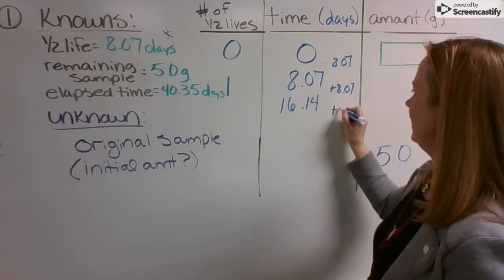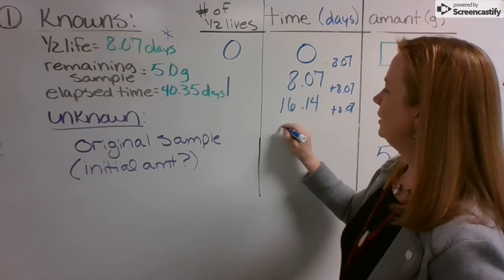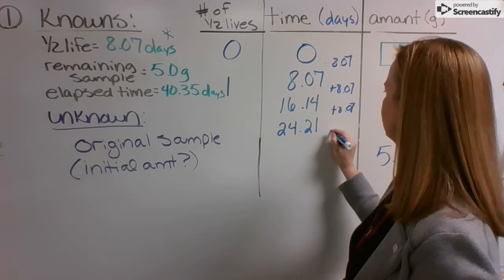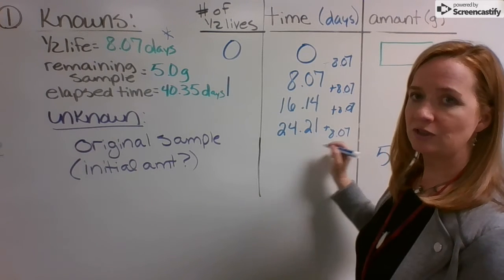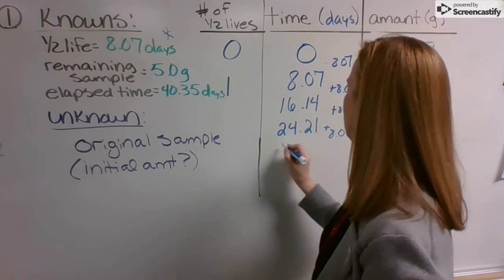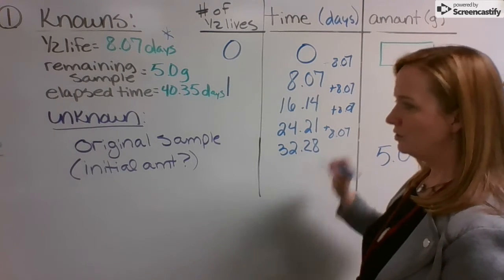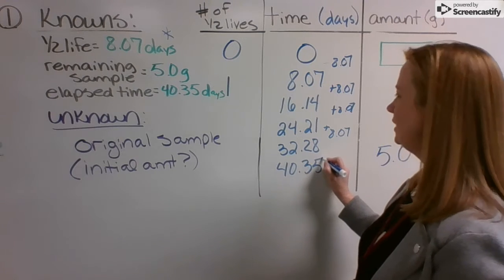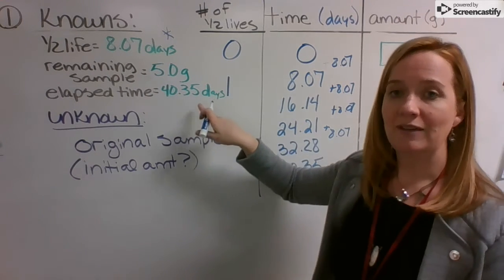So I'm going to add 8.07 again to 16.14, and I'm going to end up with 24.21. Add 8.07 to 24.21, and we end up with 32.28. Do it again to get 40.35. Wait, we're done. We have reached 40.35 days.